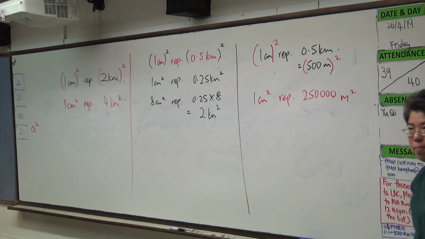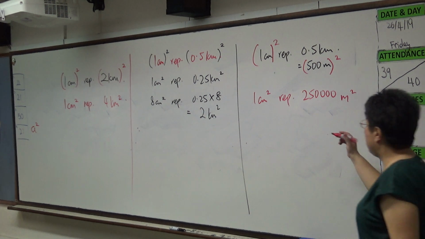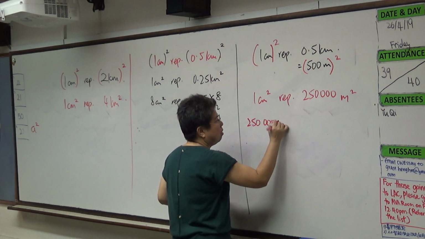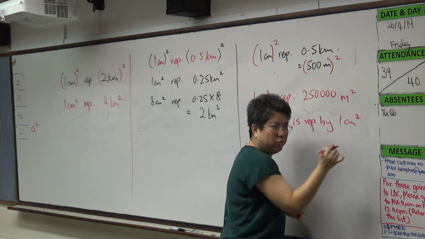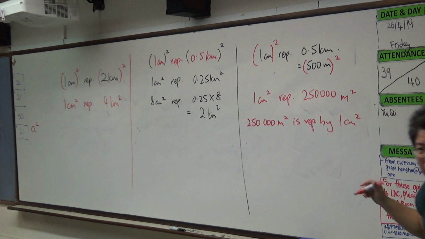Correct now? Yes or no? 1 cm square represents this, right? Now, do you agree that I have to write this? I have to write it this way so that I can find it. Correct now? Now, tell me what's the point? 50,000.